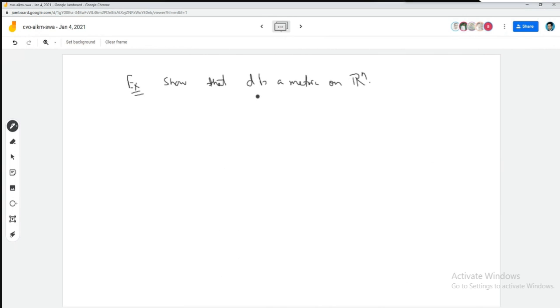It means you have to show that it satisfies all the three conditions to be a metric. And therefore, with this metric, this Rn becomes a metric space, which is called Euclidean space.